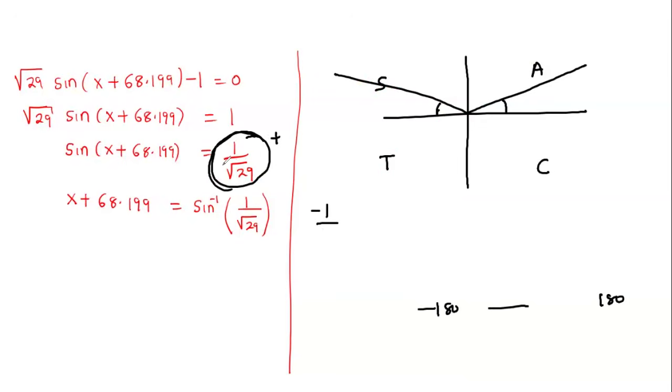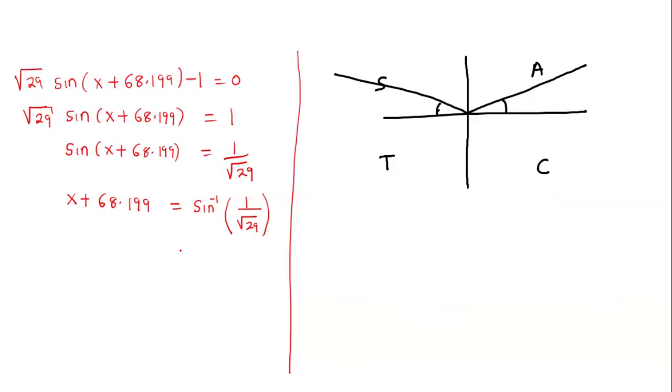That's why I kept this root, because I wanted to show that next time they may give you a domain which has a negative, and you will get only positive angles, forgetting that this root can also yield a negative. So the angles we are going to get can either be in the first quadrant or in the second quadrant.